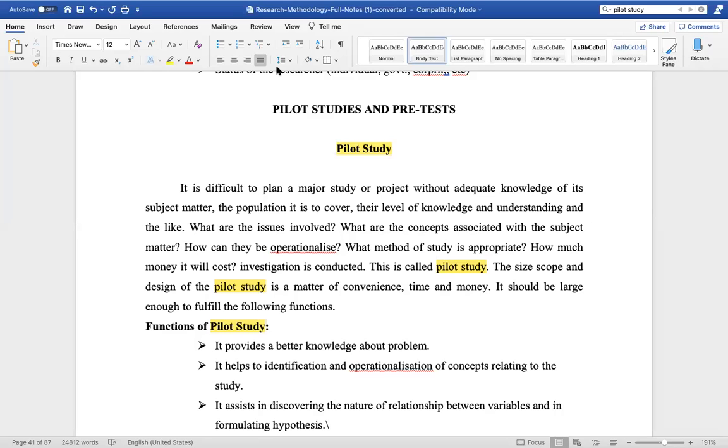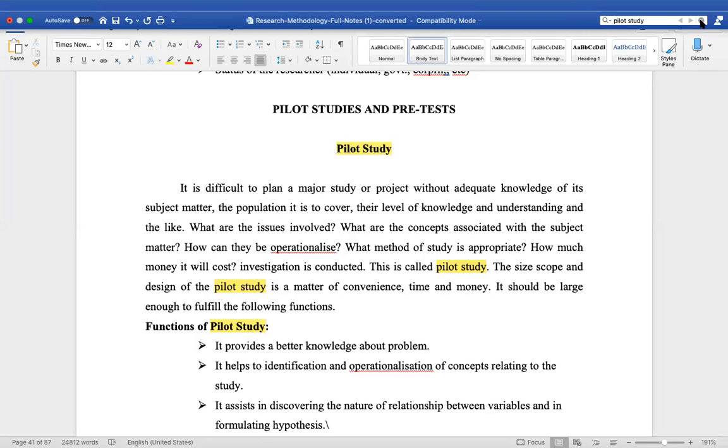So when I say pilot study, if my sample is 500, I will first test it on 50 samples. Like 500 में से 50 लोगों को I will administer the questionnaire and I'll see how long it takes for me to receive the responses, what kind of responses I receive.